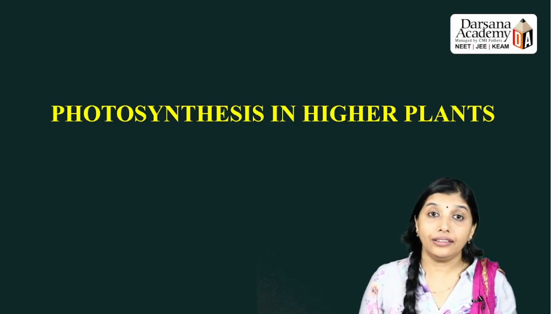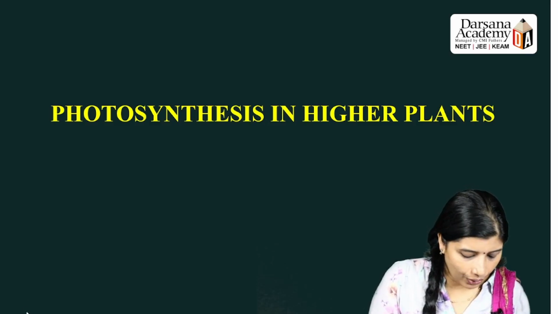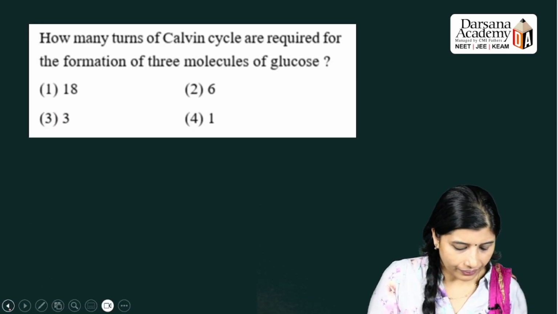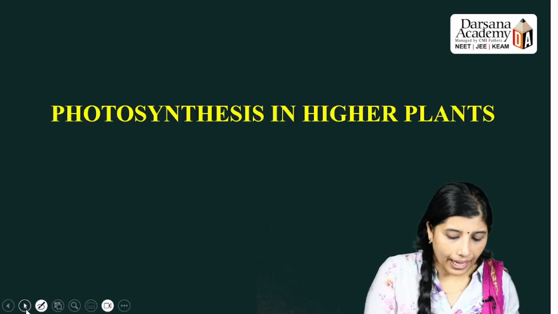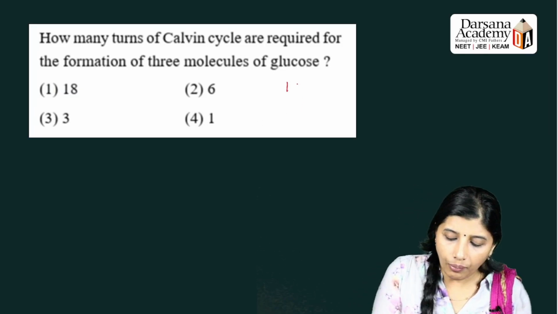Okay, that's 5 questions. One question: how many turns of the Calvin cycle are required for the formation of 3 molecules of glucose? One molecule of glucose needs 6 turns of the Calvin cycle.